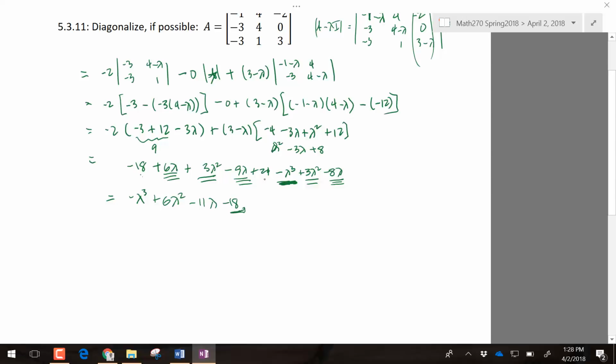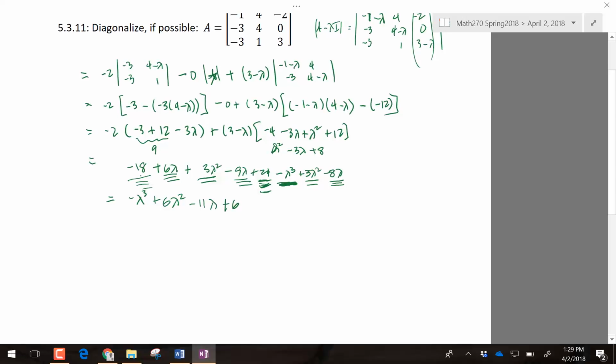Where's 24? This one? Oh. So is that 6? Is this 11? Is lambda equal 1 a solution?